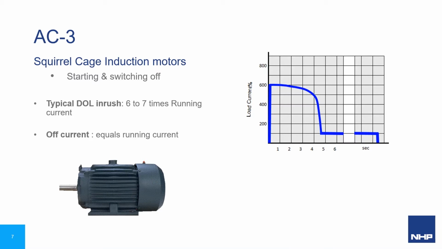Typically, a motor has been designated as having an inrush current 6 times its full load running current when voltage is applied and motor speed is 0. Whilst at stopping, the contactor only has to break a current equal to the motor's full load current rating.